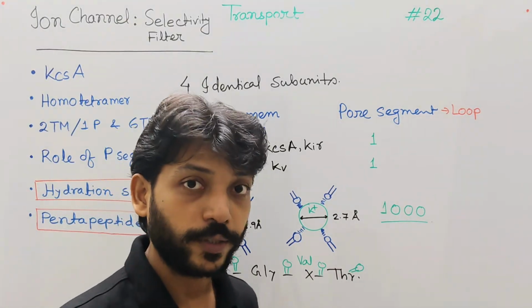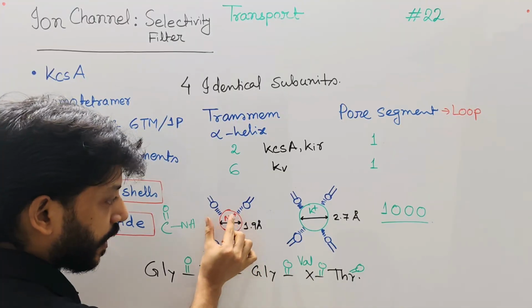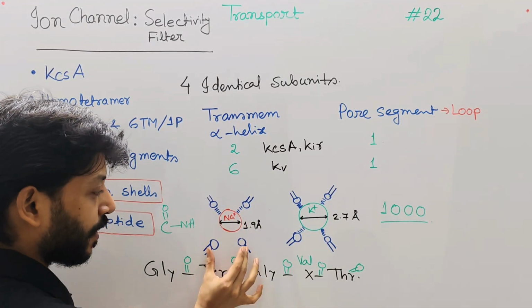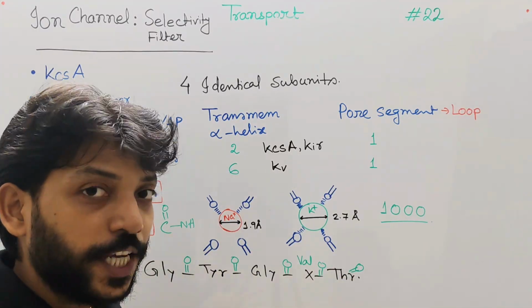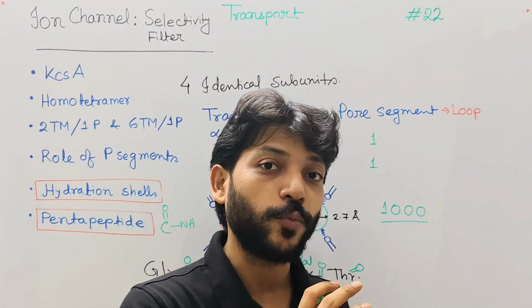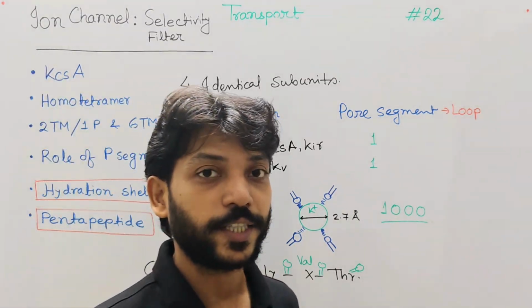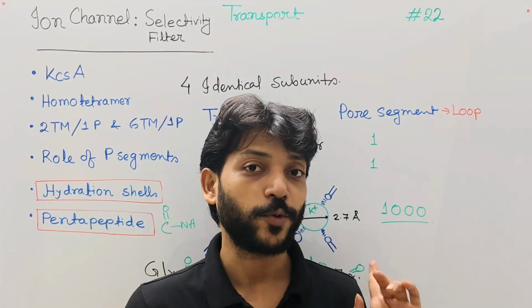As I mentioned, they are all surrounded by 8 water molecules. So because sodium is smaller in diameter, the oxygen atoms that are projected by this pentapeptide cannot fit. So it requires energy, so it will not enter, it will remain in the hydration cell. So that's why it cannot be transported. So potassium channels cannot transport sodium.